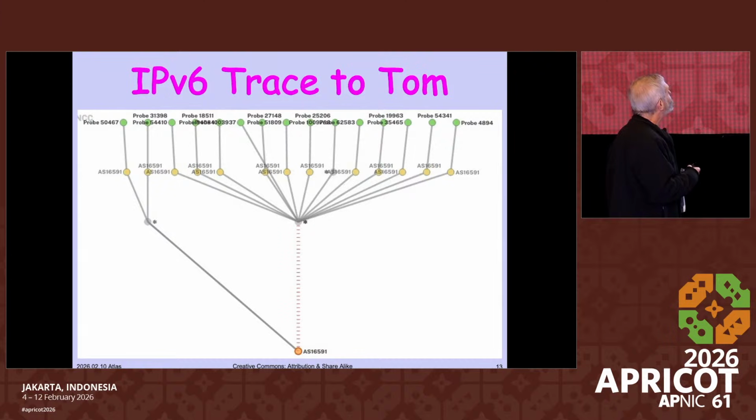And here's the traceroute. Here's the ones that worked, right? These two probes could get to Tom. The rest of the ISP's network couldn't. So they have a partition in their network routing for V6.